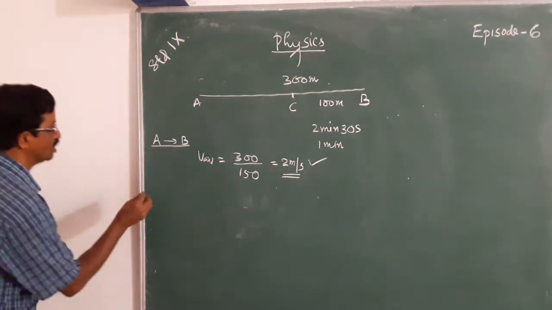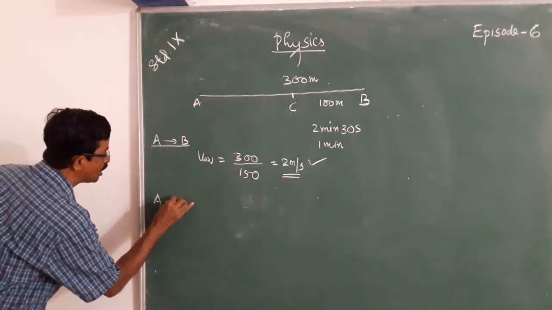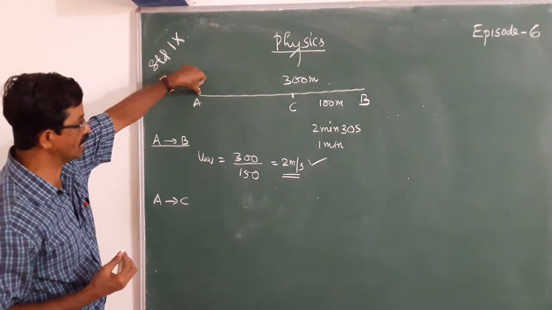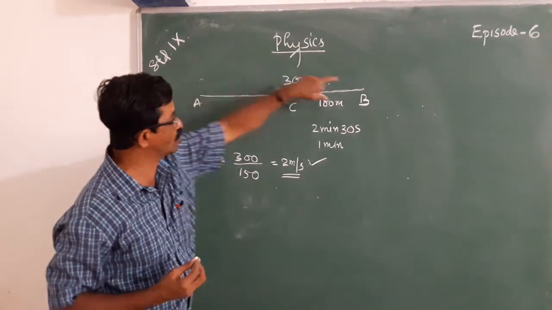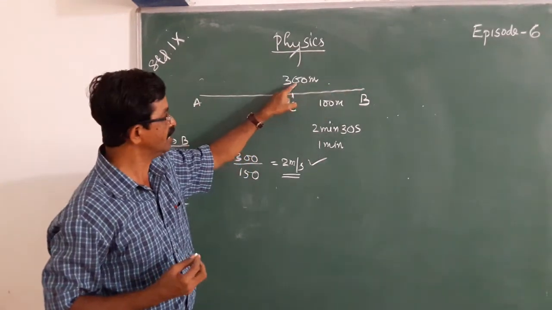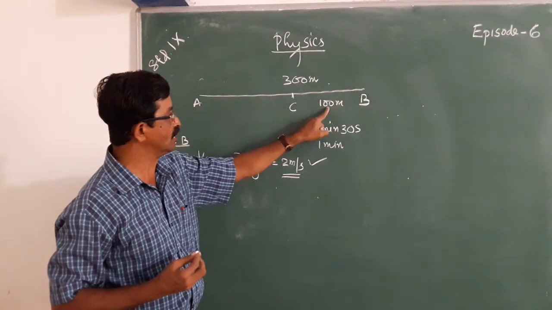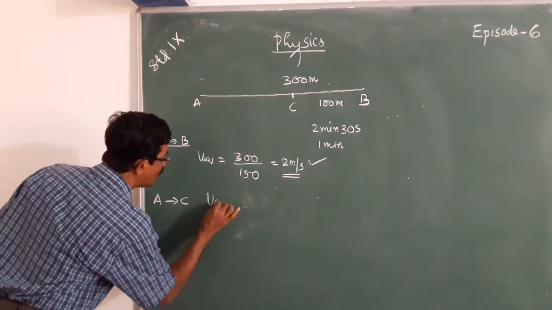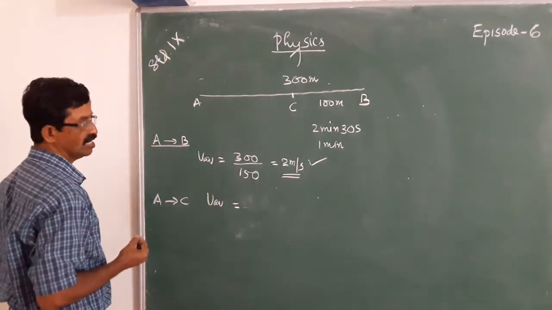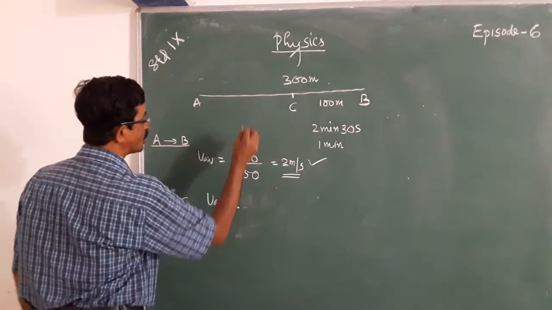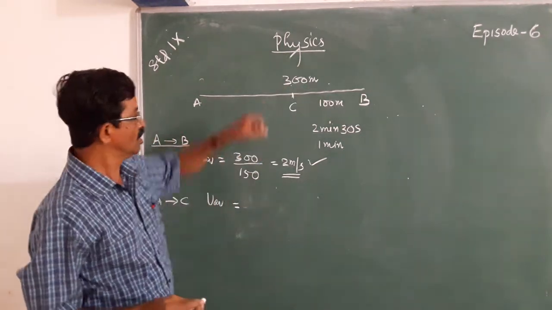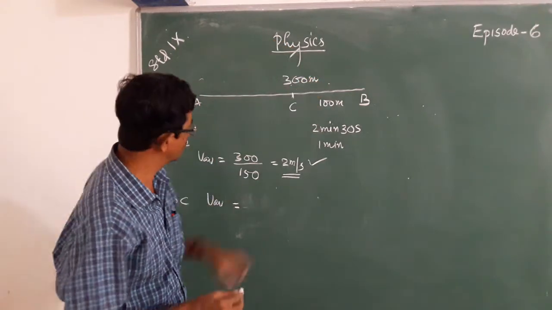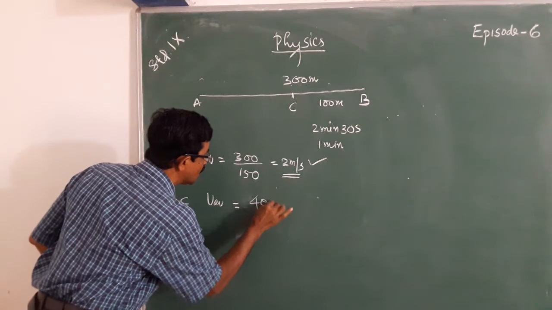Now we want to find out the average speed from A to C when he jogs. That means at first he jogs from A to B, 300 meter, then returns to C, that is 100 meter. Then average speed is equal to total distance. You add 300 plus 100, that will be 400.